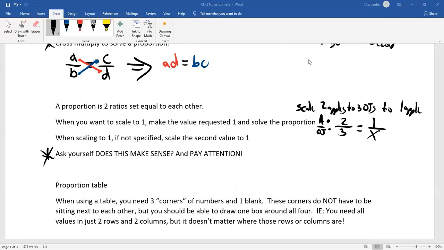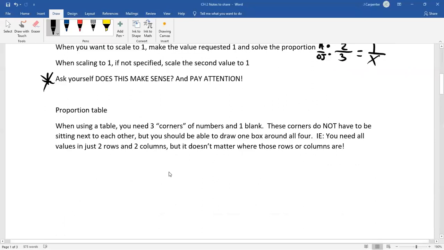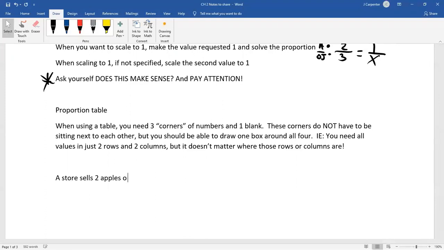So let's start out with a small one. And we're going to do apples and oranges. So I could have given you a problem. And I'll also draw it up as a table. But I might say, all right, a store sells 2 apples and 3 oranges on Monday.